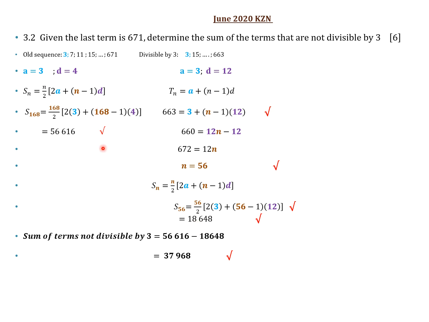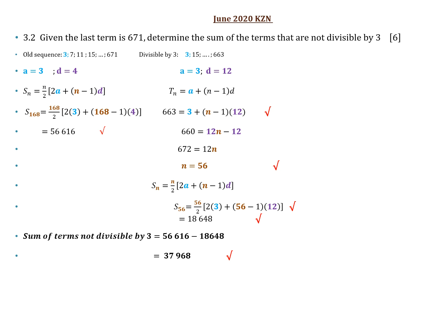The whole sequence totals 56,616. So if I subtract this, I'm left with all those that do not divide by 3. So the sum of terms not divisible by 3 equals 56,616 minus the 18,648. So the sum is 37,968. So those are all the terms that don't divide by 3.